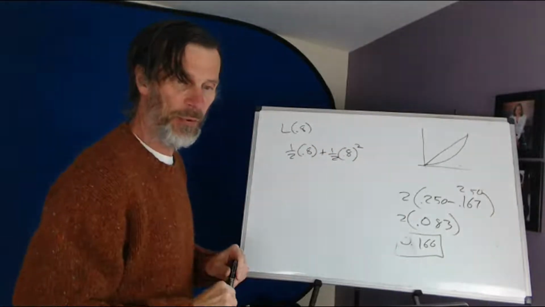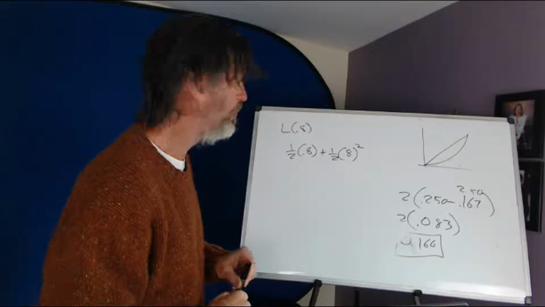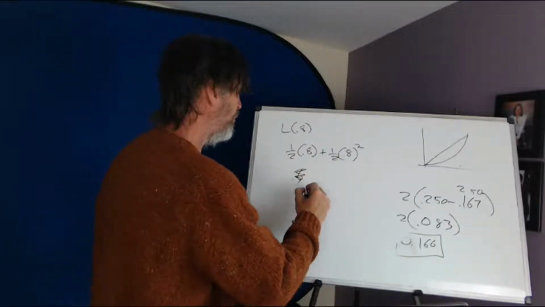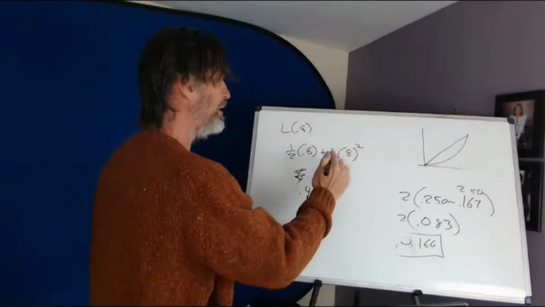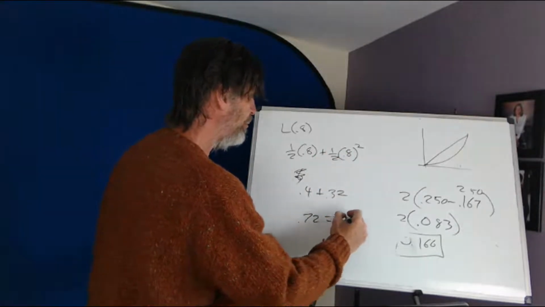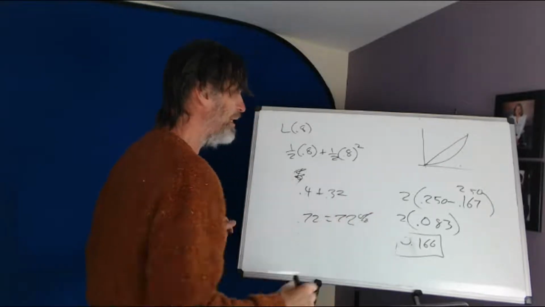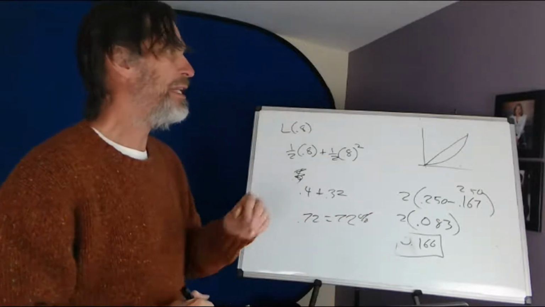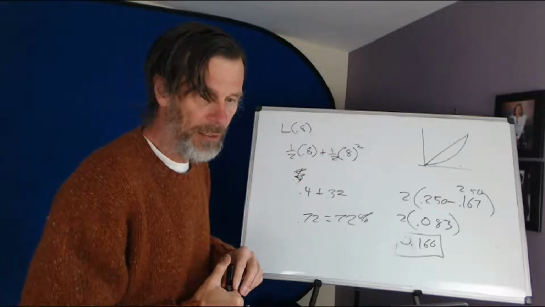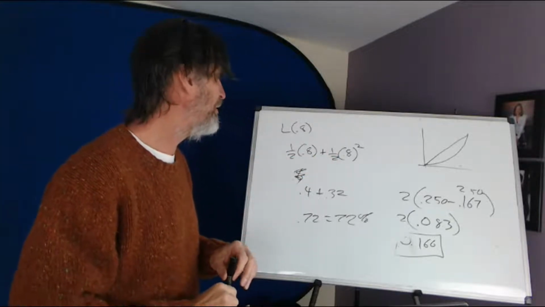I just plug 0.8 right in the Lorenz curve. So this is 0.6, whoops, I'm sorry. This is 0.4 plus, that's 0.64 plus 0.32. That's 0.72, which is 72%. So in that country, the bottom 80% controls almost 80% of the wealth. So 72%.